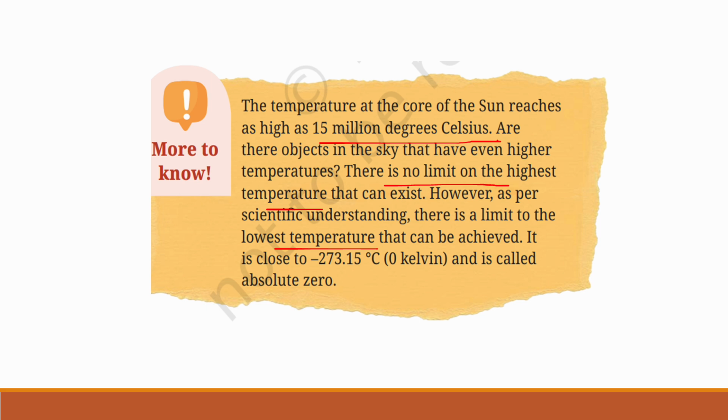For the lowest temperature, there is a limit. It is close to minus 273.15 degrees Celsius, that is 0 Kelvin, and is called absolute zero. So this lowest temperature is close to minus 273.15 degrees Celsius or 0 Kelvin. It is called absolute zero.